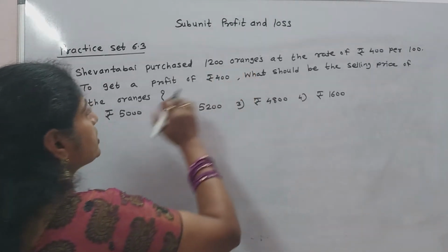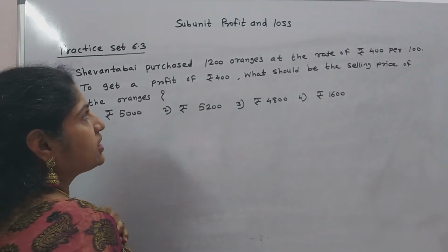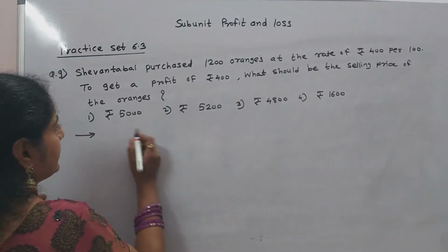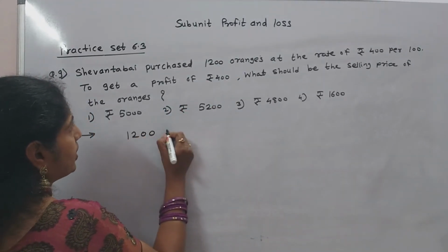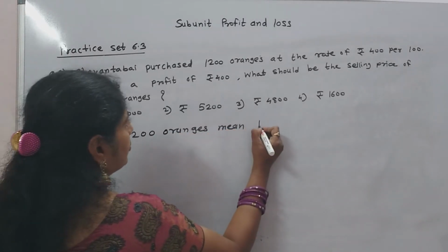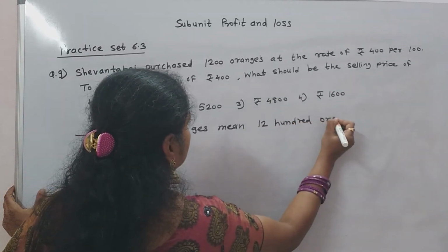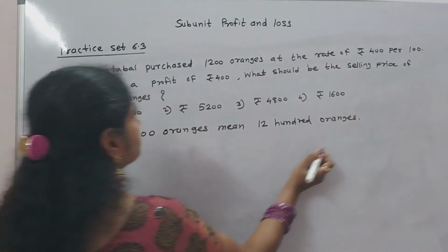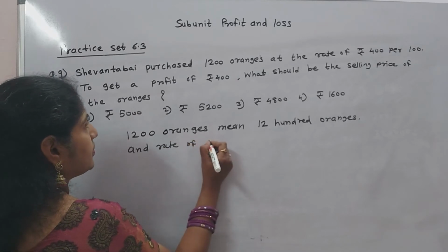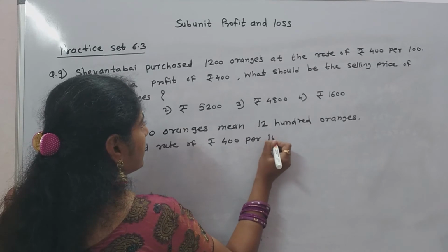Now, how many oranges are there? 1,200 oranges, and the rate is rupees 400 per 100.